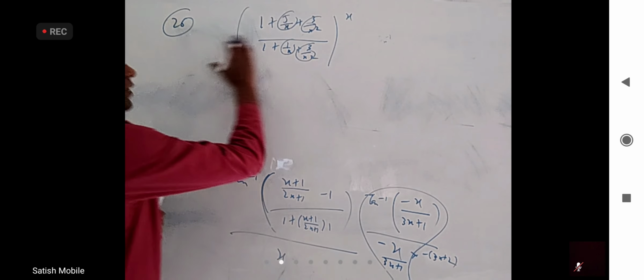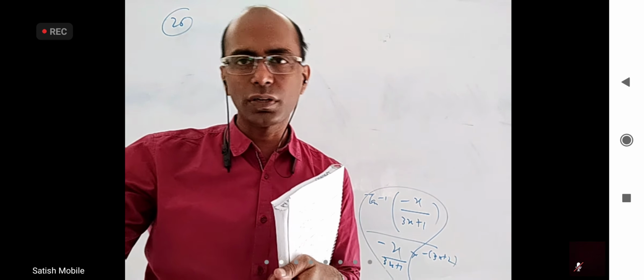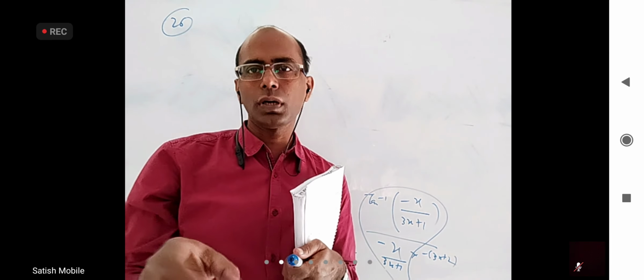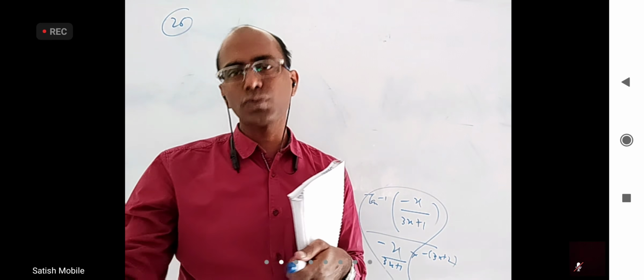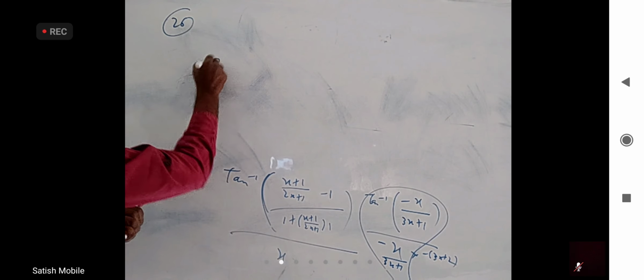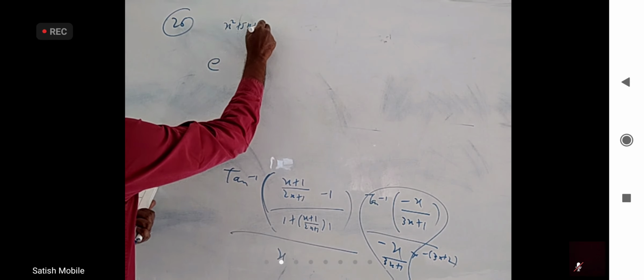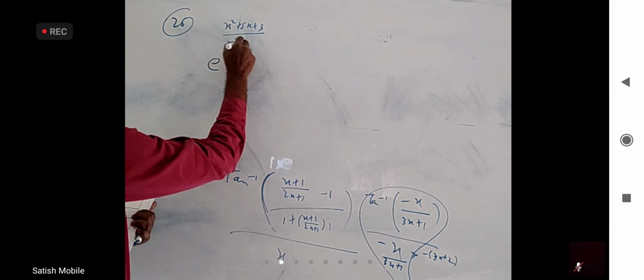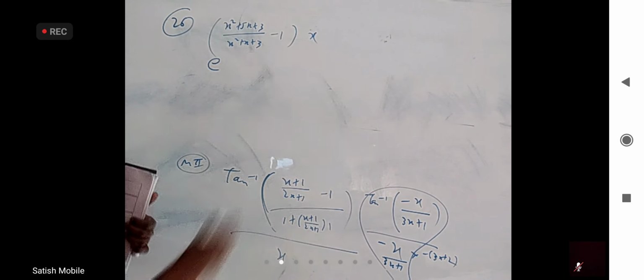Okay, now after understanding 1 power infinity, you don't need this now. Anything in the form of 1 power infinity, that is in the form of f of x power g of x, if f of x is tending to 1 and g of x is tending to infinity, we have a formula: e power (f of x minus 1) into g of x. If you use that, you will get e power ((x square plus 5x plus 3)/(x square plus x plus 3) minus 1) into x.